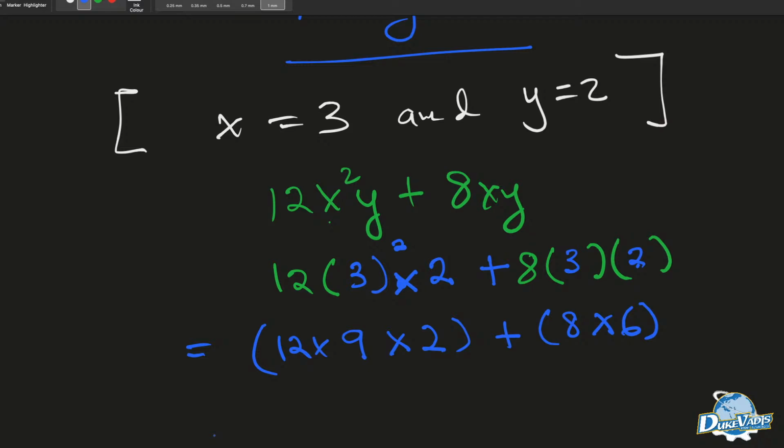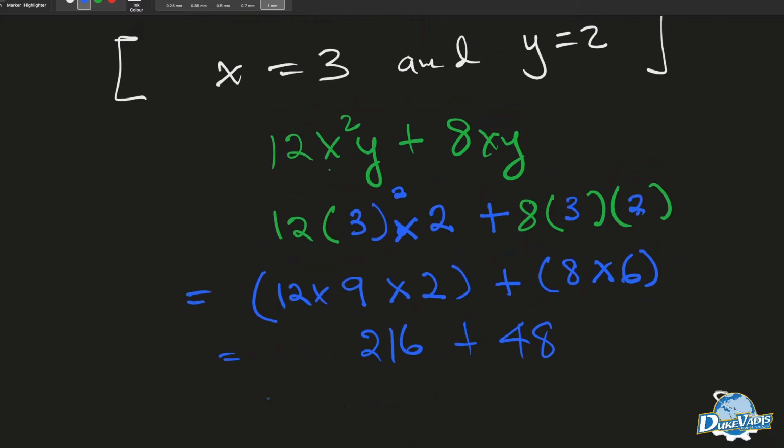So with my calculator, I'm going to get 12 times 9 times 2, 216, and I know 8 times 6 is 48, so plus 48, my answer is 264.